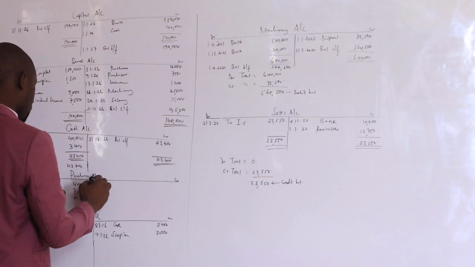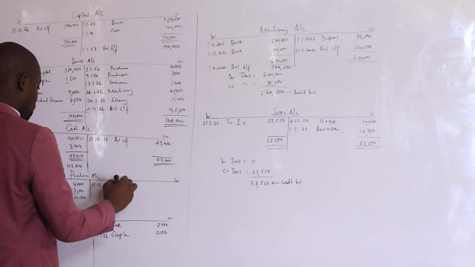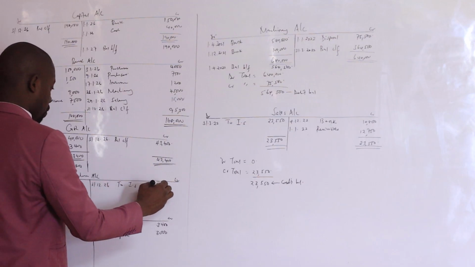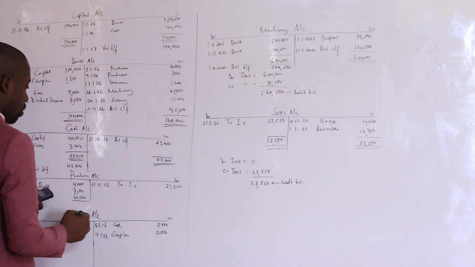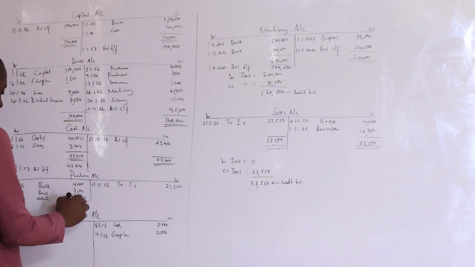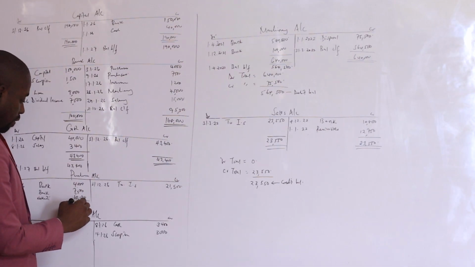At the end of the year, 31st December 2026, that is to income statement 21,500. And that's all. We don't carry forward, neither do we bring down the balance.